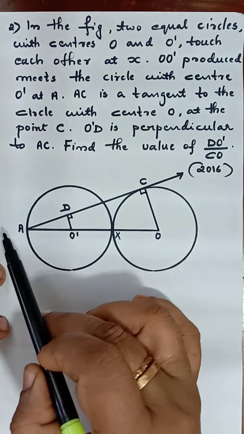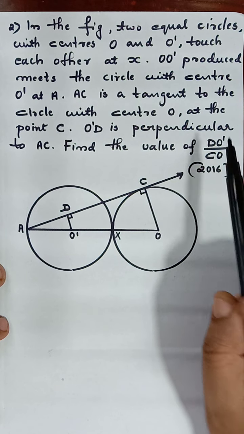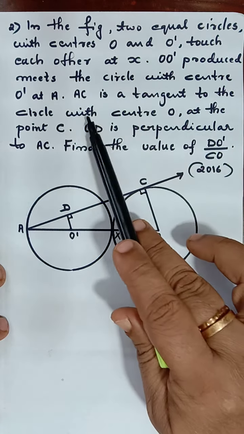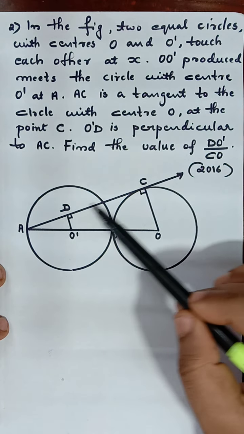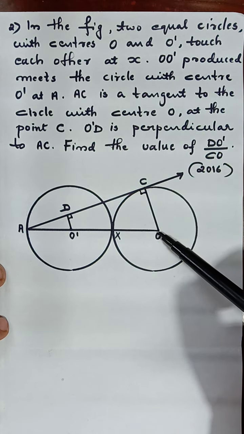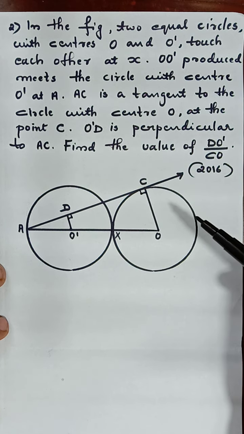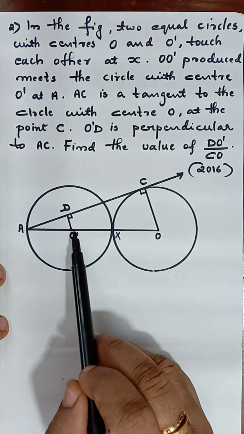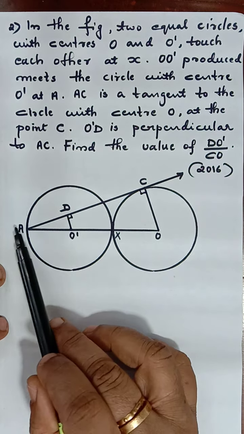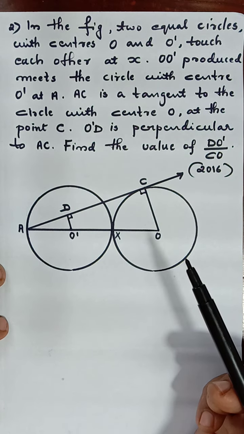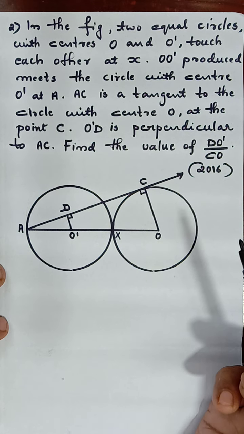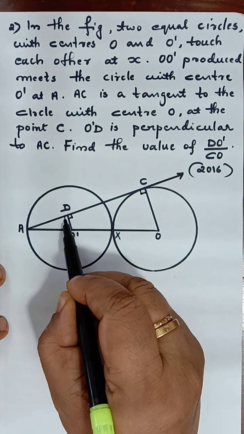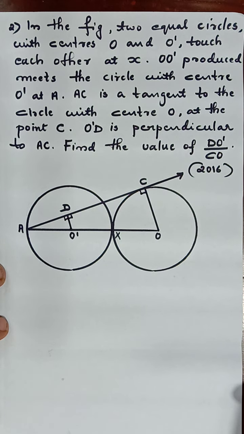Here it is given that AC is a tangent to the circle with the center O. So, the radius OC is perpendicular to the tangent. And it is also given that DO dash is perpendicular to AC. Therefore, we can mark this also 90 degrees.